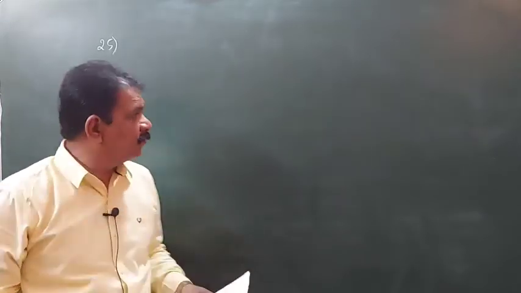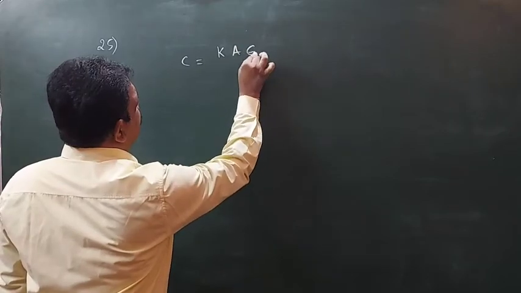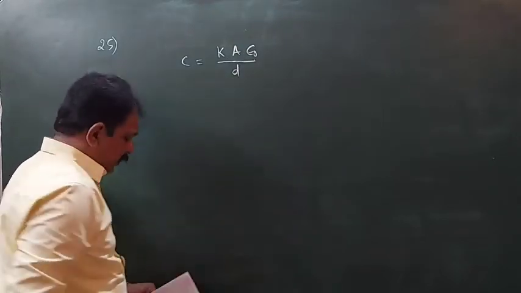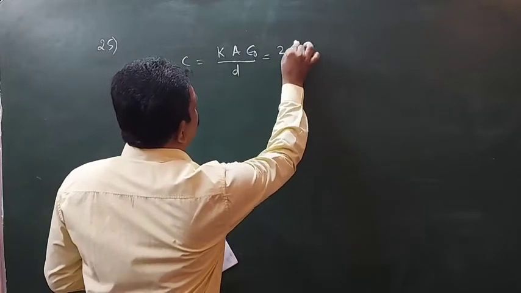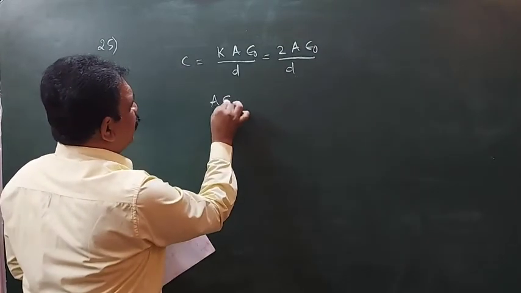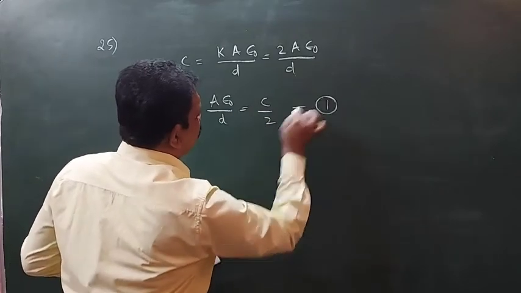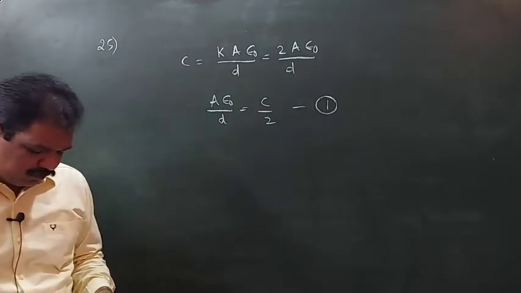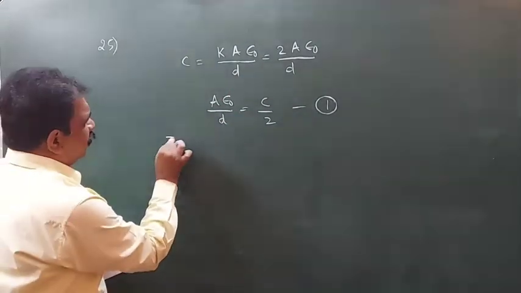Capacity is C. So dielectric is there, which means K epsilon naught A by D. Dielectric constant 2 they gave, so 2A epsilon naught by D equals C. From this, A epsilon naught by D is equal to how much? C by 2.